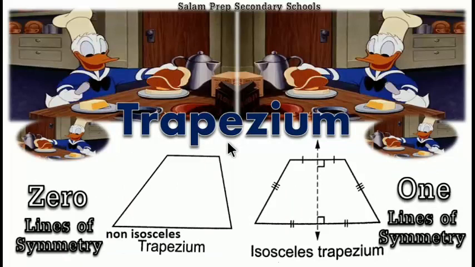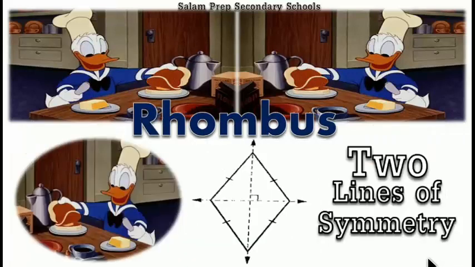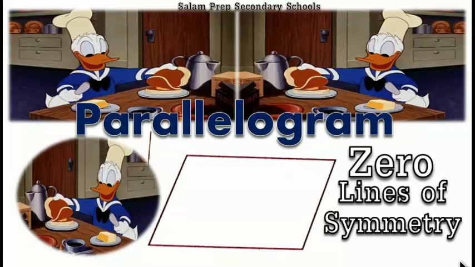Trapezium: non-isosceles trapezium has zero lines of symmetry. Isosceles trapezium has one line of symmetry. Rhombus, two lines of symmetry. Parallelogram, zero lines of symmetry.